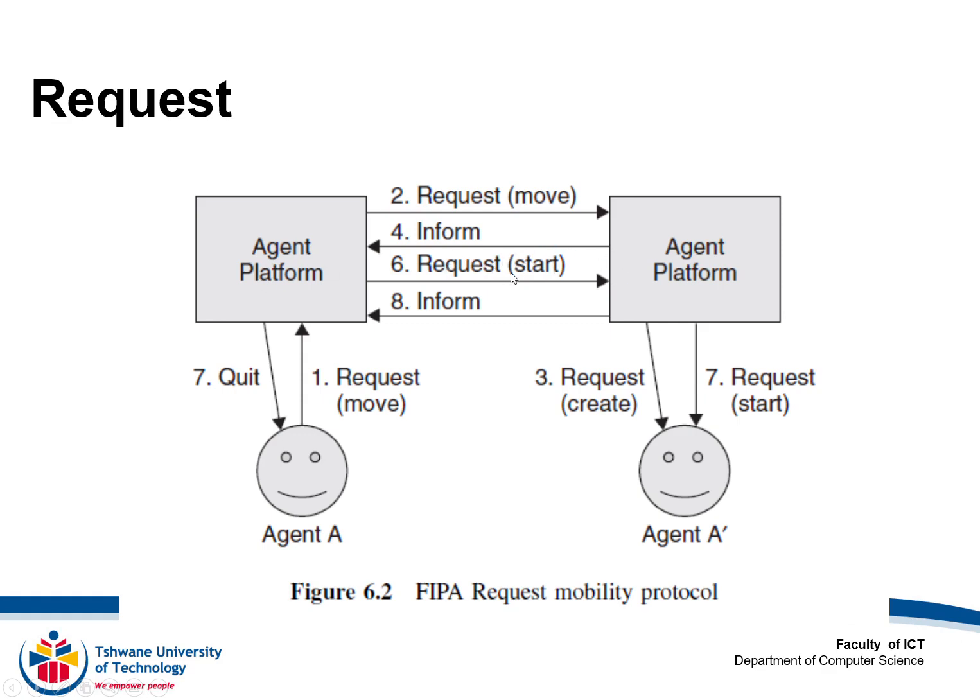The request start will then trigger a start on this side, meaning you'll start the agent that has just been migrated. Once that is done, all you need to do is inform the agent platform, and then you can terminate that agent fully on this side. You can quit the process here, because you're effectively saying that the migration was successful.